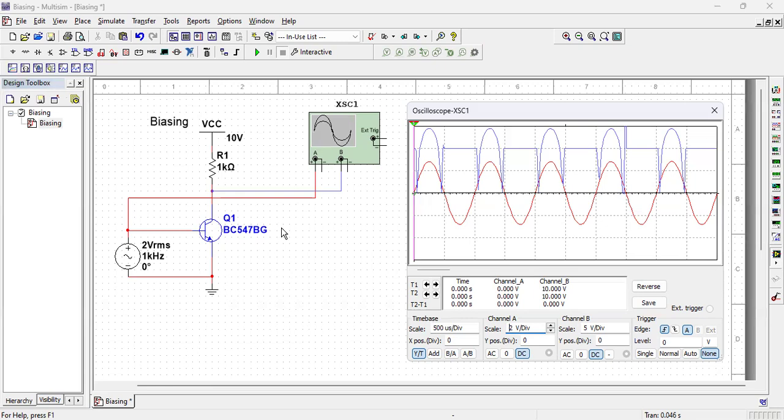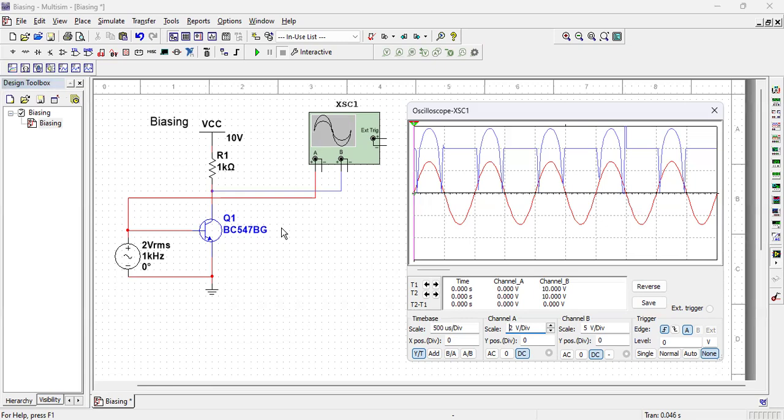Means this system will not work. If you just get a transistor and connect a signal to the transistor base and try to take the output from the transistor collector, this will not work. Simply, it will not work.